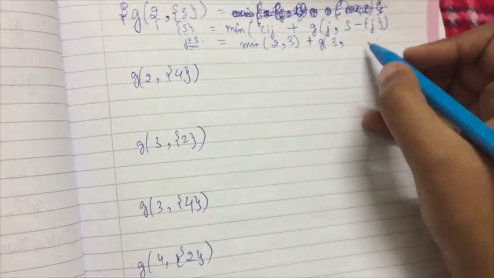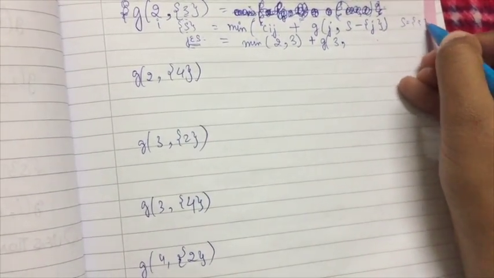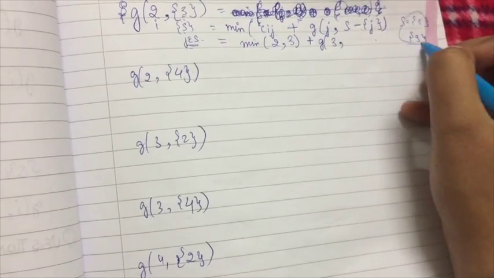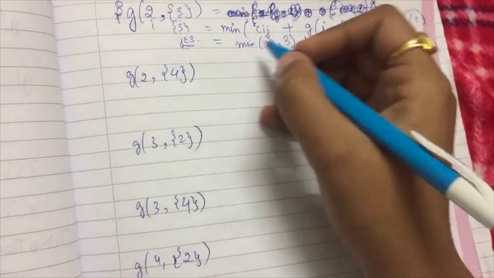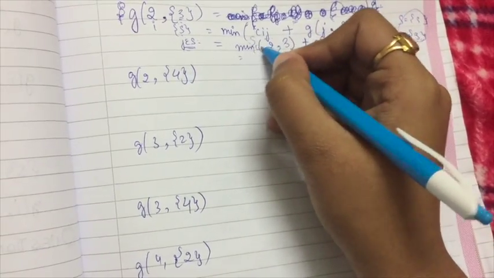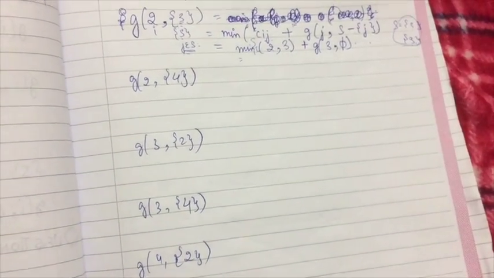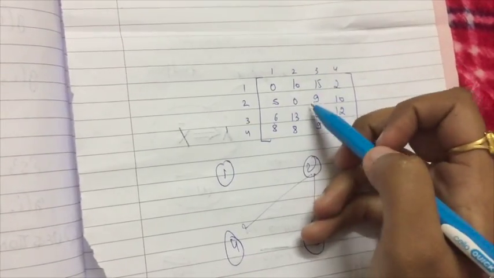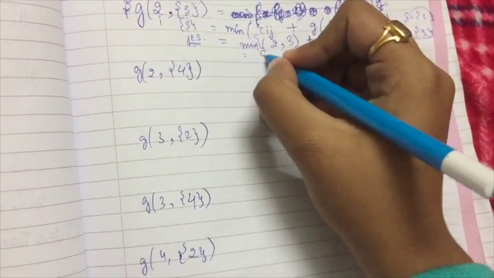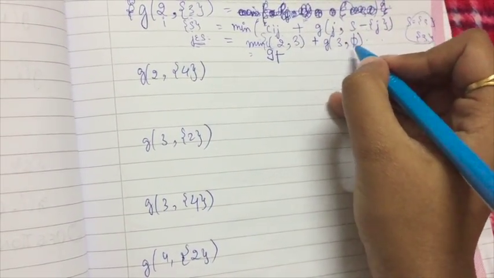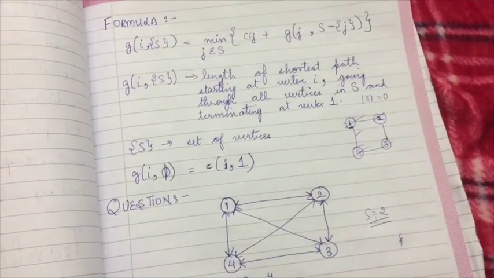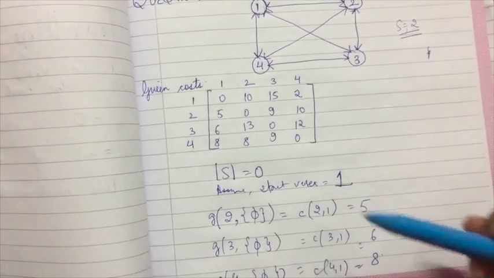S is the set containing 3, and I have to subtract from it a set which contains J. J was 3, so that is phi. So the minimum of cost of 2 comma 3, which you can check from the graph, is 9, plus g of 3 comma phi, as we calculated in the previous part. g of 3 comma phi is 6.